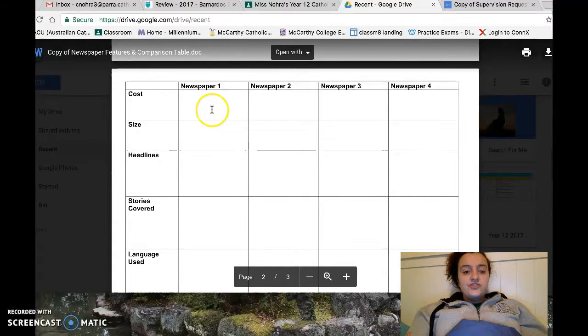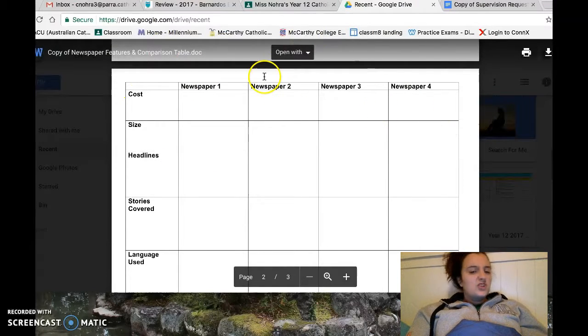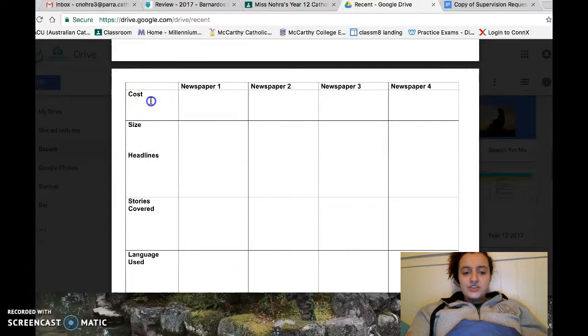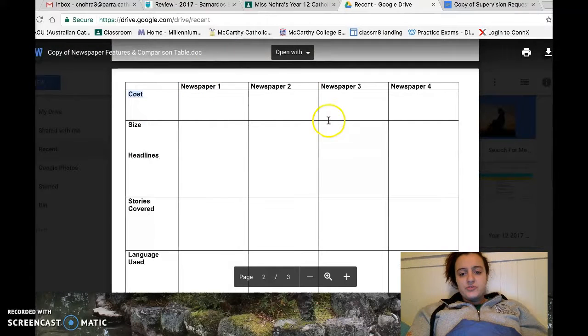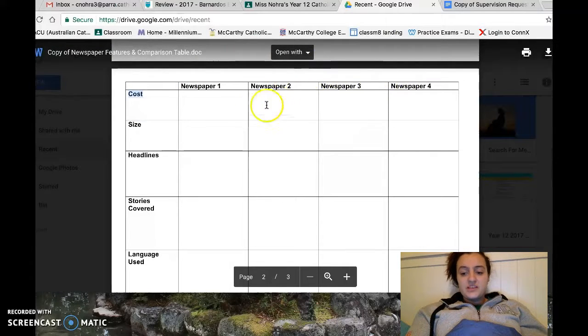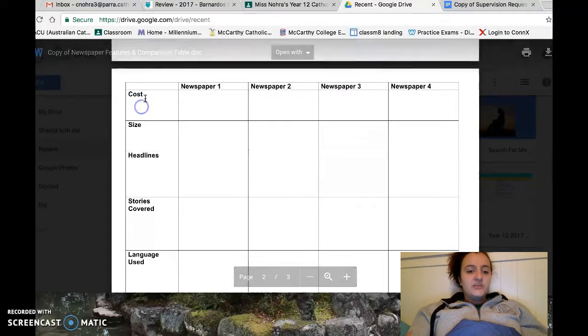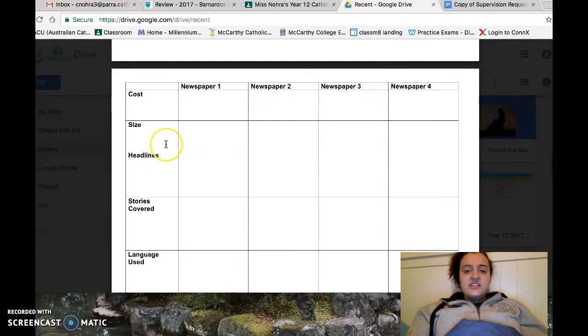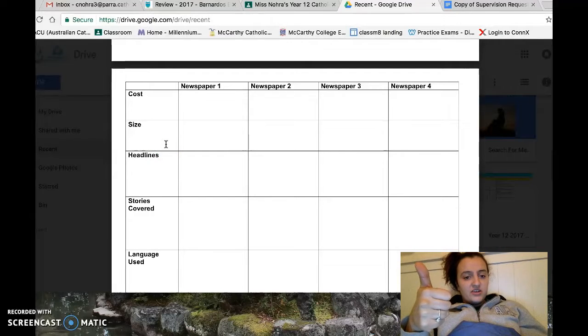You need to choose 4 papers or just swap it amongst yourselves. You need to work out what the cost of that paper was, so newspaper 1, newspaper 2, for each of the 4 newspapers you will eventually work through. In regards to size, you need to state whether it is a broadsheet or a tabloid based on size.